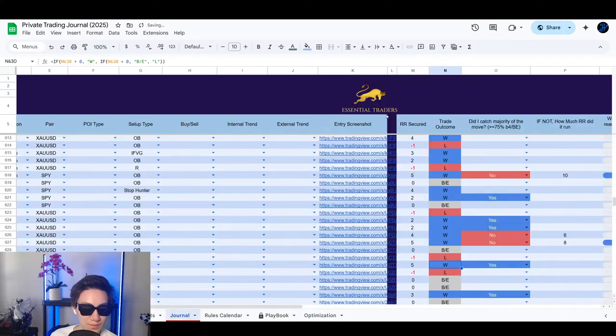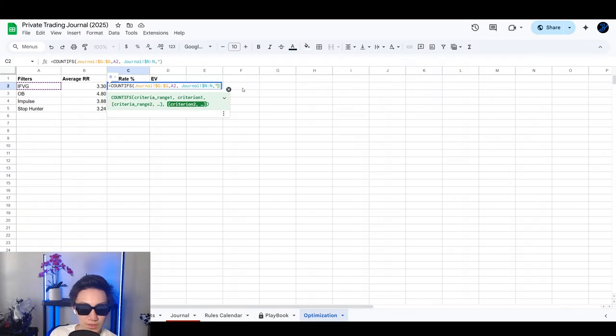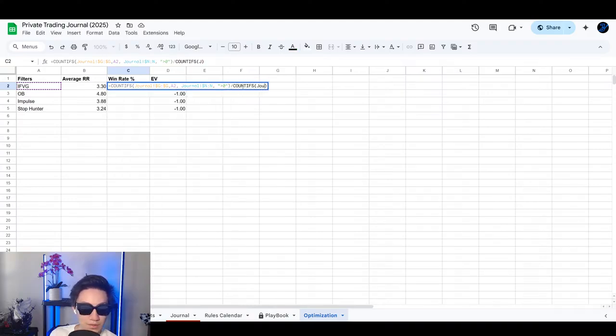And then we use N because that's a column for trade outcome. And for here, we just filter out based on the numbers. So anything greater than 0 is positive. It has to be greater than 0, it can't be equal to 0. And then from here, we can just divide this by the count ifs of the same thing here, essentially.